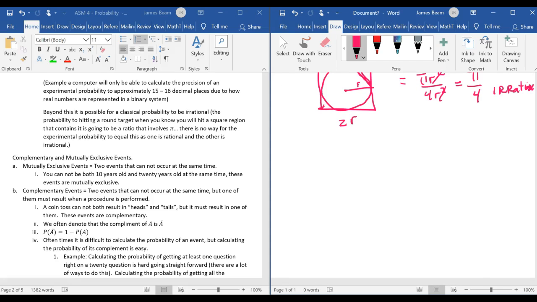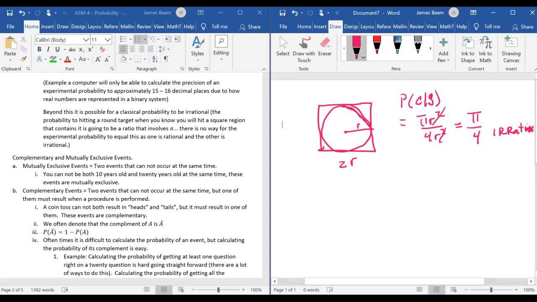So what does that mean for us here? Well, if I take the experimental probability and I start actually throwing darts, then I'm going to get a number of darts in the circle over a number of darts thrown.